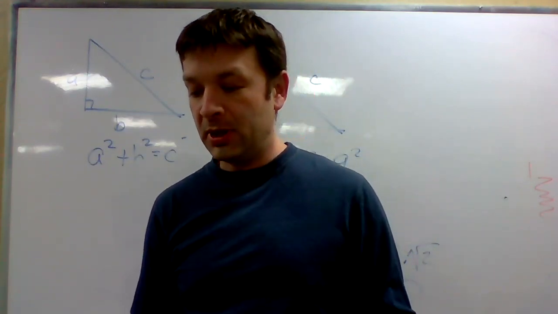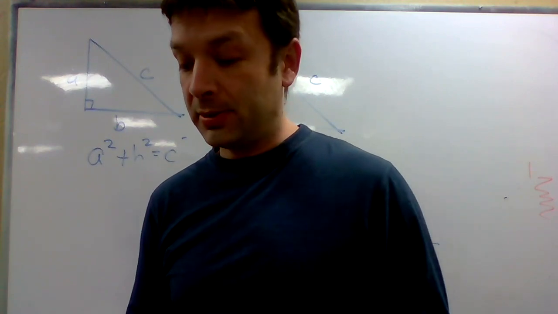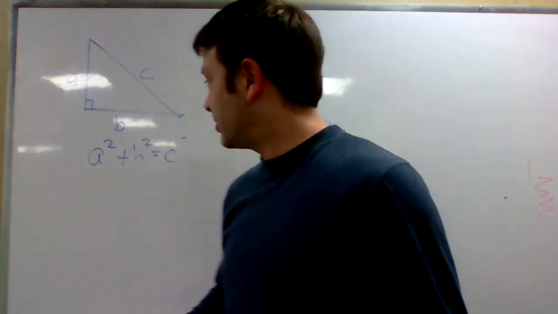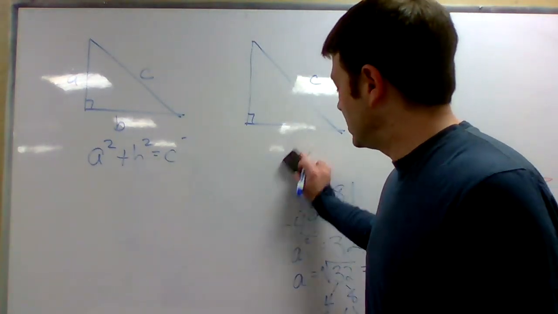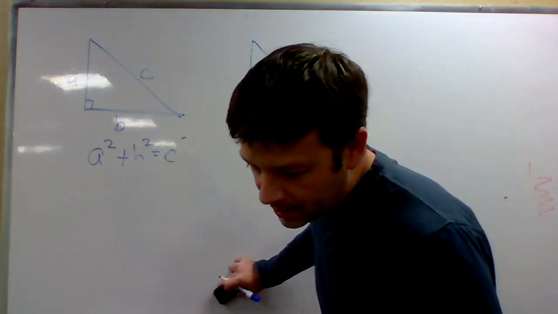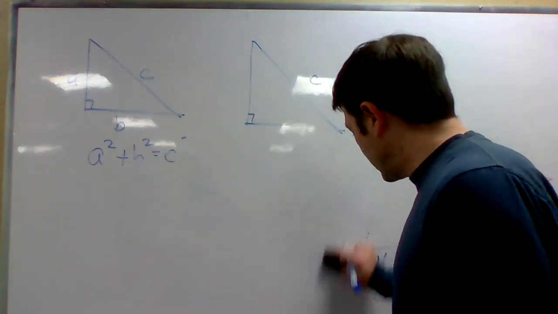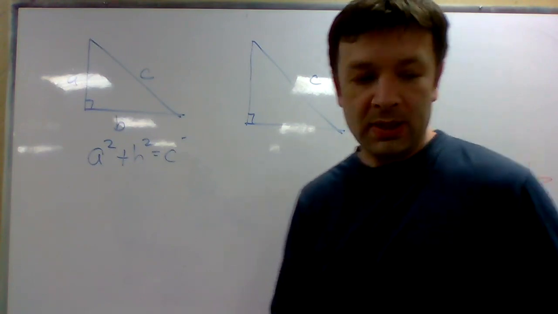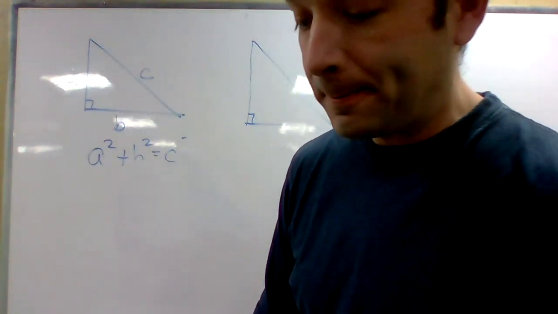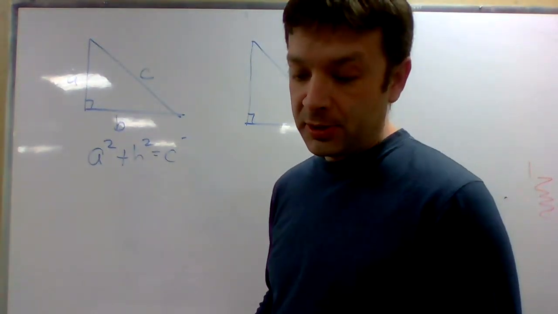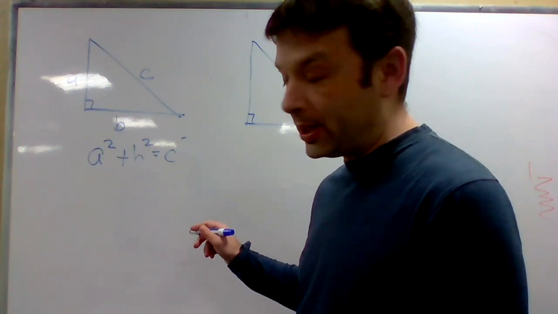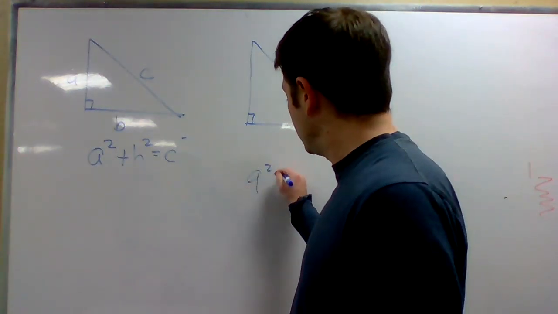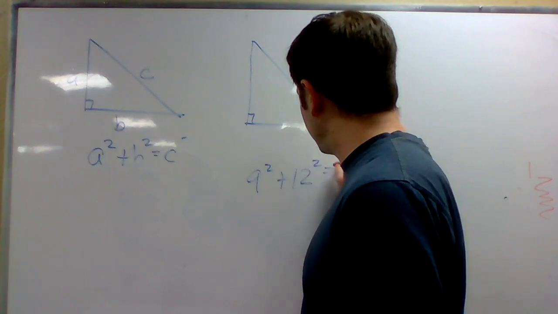If it does work, we're going to say yes, it is a right triangle. So the legs on number 9 are 9 and 12, and the hypotenuse is 15. The hypotenuse has to be the biggest side, and it should always be across from the right angle. So does 9 squared plus 12 squared equal 15 squared?